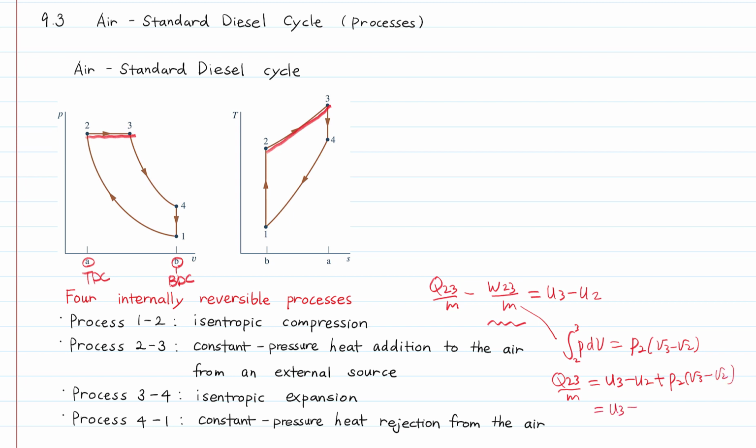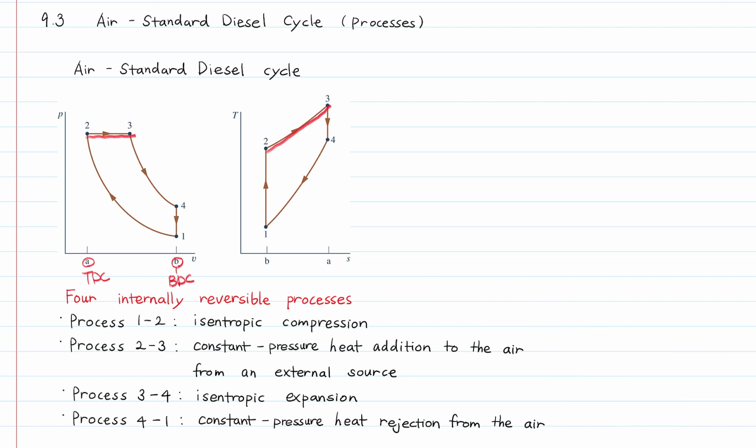So u3 plus P2 V3 minus u2 plus P2 V2. Since enthalpy is the sum of internal energy and flow work, the heat transfer to air is the specific enthalpy difference between state 3 and 2.